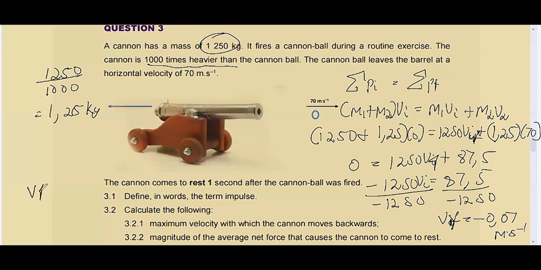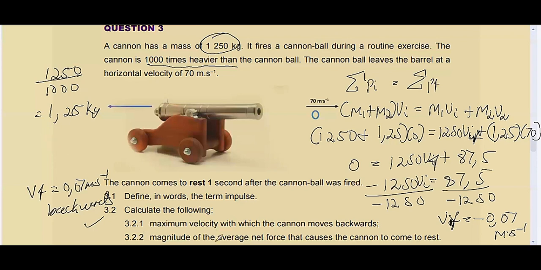So this means it's 0.07 meters per second backwards. Right. So this is the maximum velocity with which the cannon moves backwards.